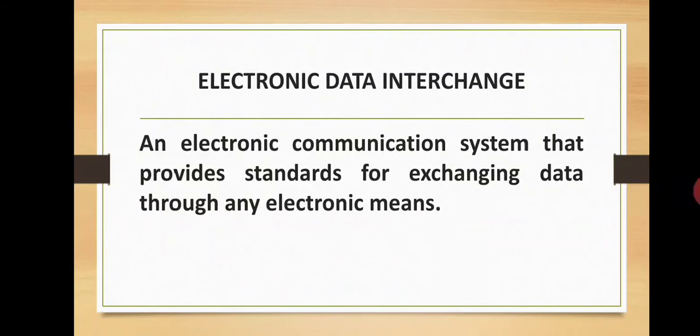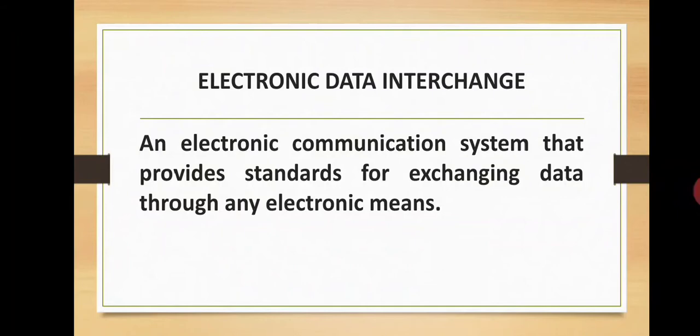So electronic data interchange is all about exchanging documents or information like purchase orders, invoices, shipping notices and many others through technology, that is through the internet, without any physical existence or human interaction.